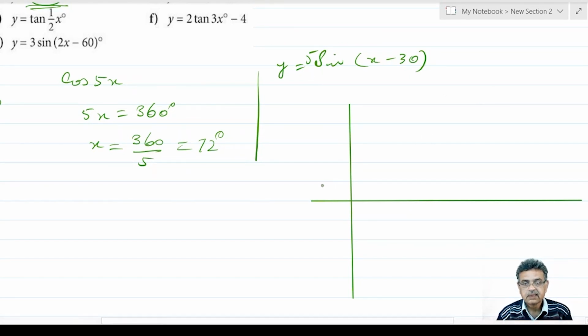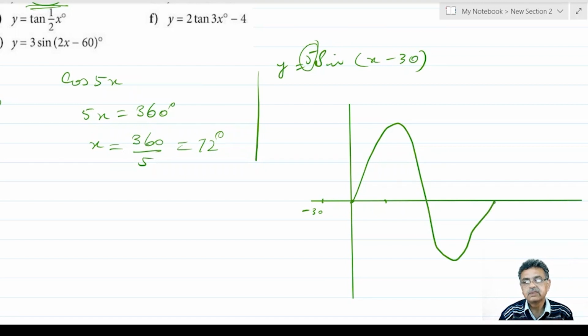Now this is 0, minus 30, and plus 30. The graph's amplitude will be 5 units, 5 units upwards and downwards. This is 5 and this will be minus 5.